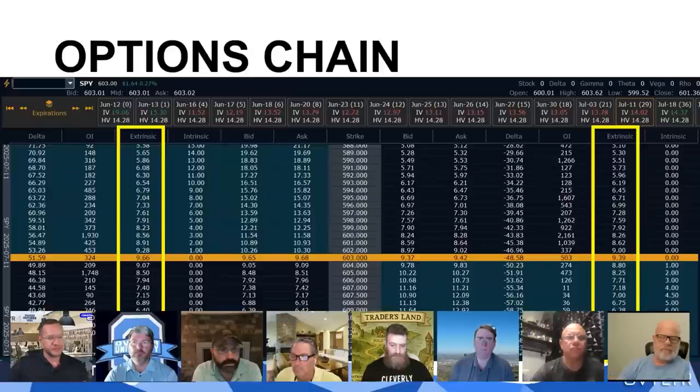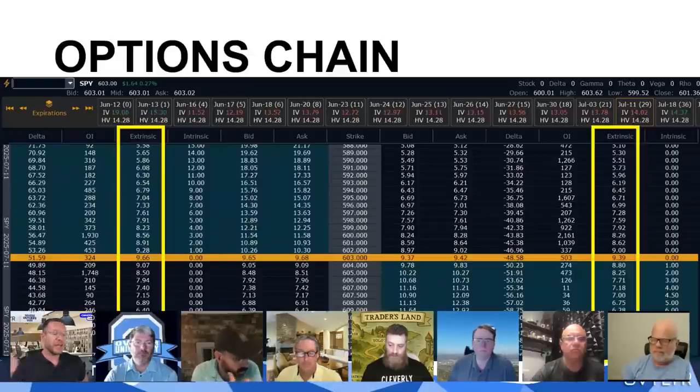And because of that, that is why people get hosed in options, because they do not understand that this is not like a stock where if it goes down 1%, you still have 99% of your value. If it goes out of the money and expires out of the money, it is worthless.